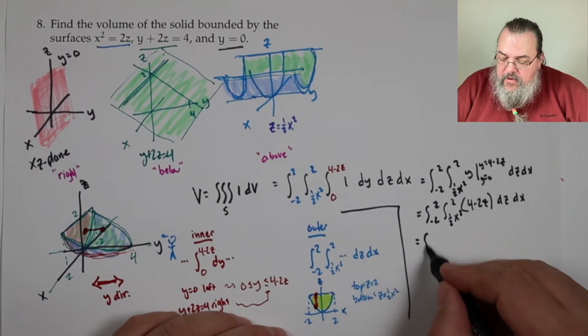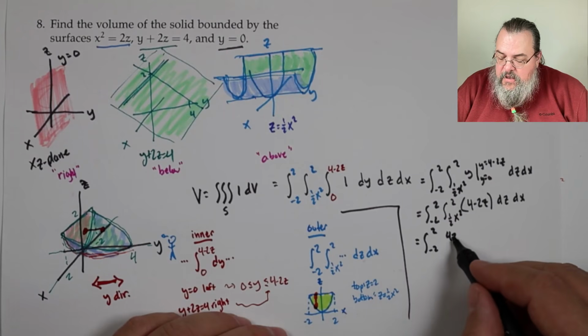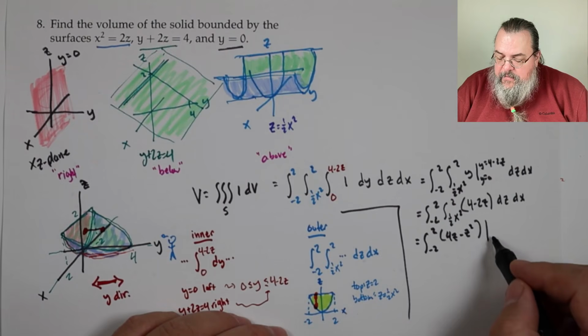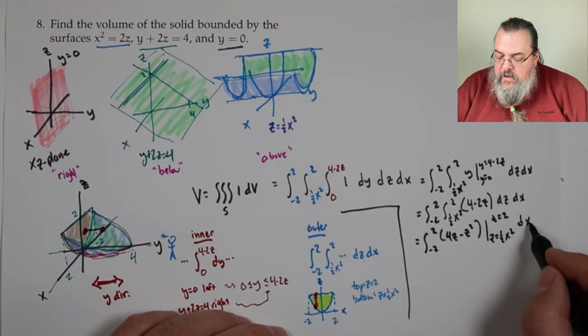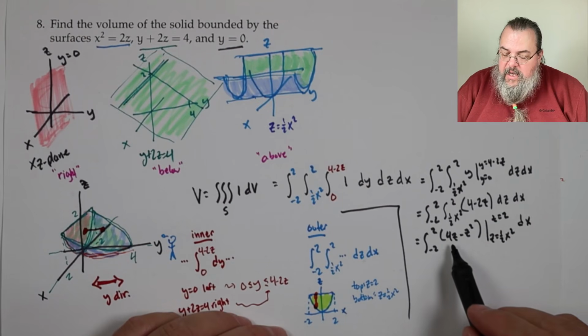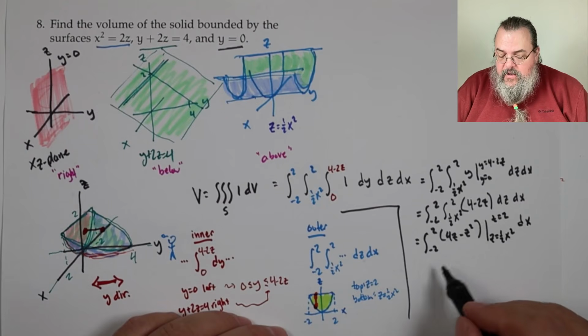Well, that becomes the integral from -2 to 2 of 4z minus z squared, and you evaluate from z equals 1/2 x squared to z equals 2. When you plug in 2, you get 8 minus 4, right? 4 times 2 minus 2 squared.